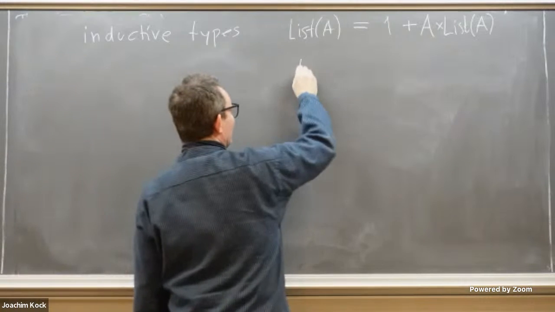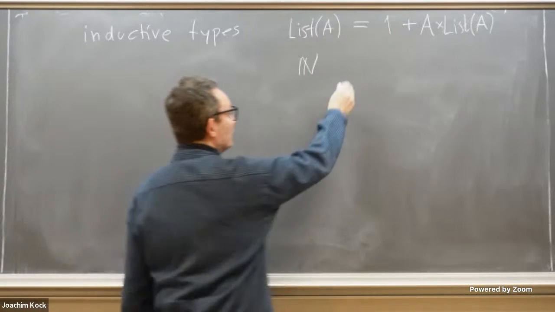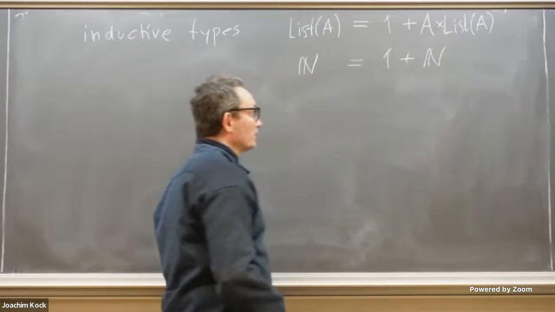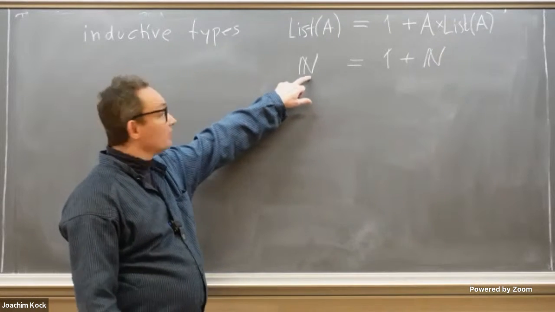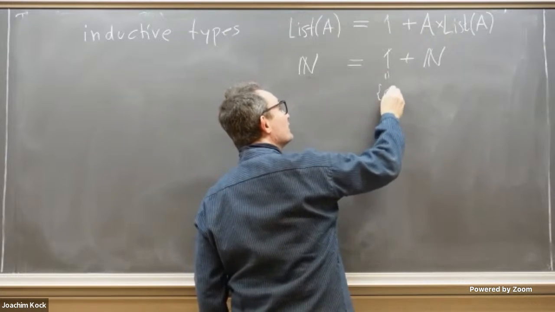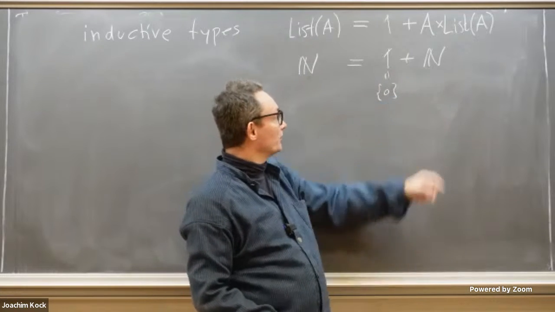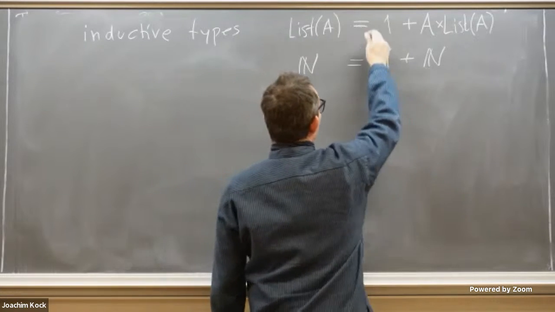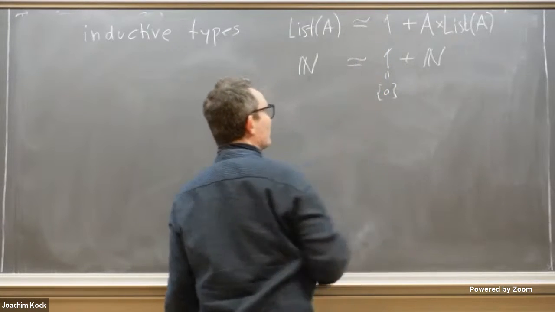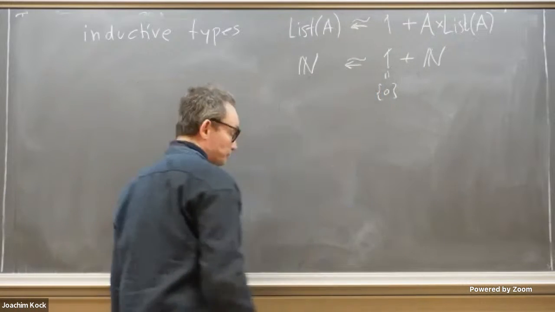The most basic example of an inductive type is, of course, the natural numbers, and it has a similar definition. It is given like this. A natural number is either 0, so this one here means 0, or it is a successor of a number. I should really not write equality, I should write this as an explicit equivalence or isomorphism, and the natural map goes in this way.